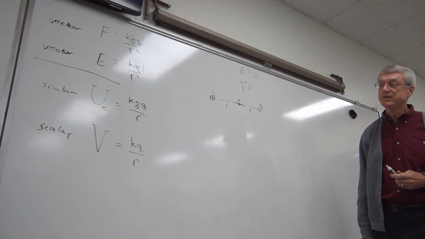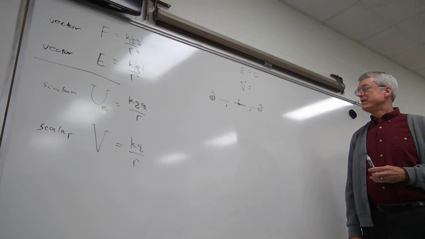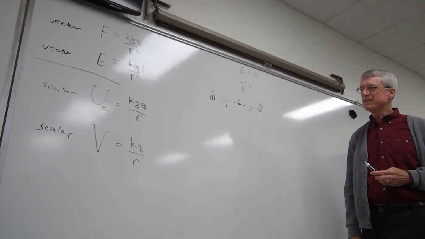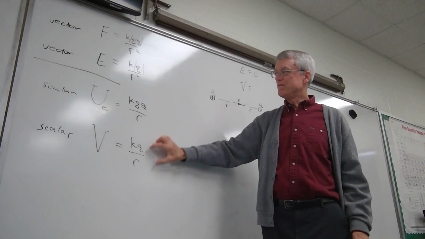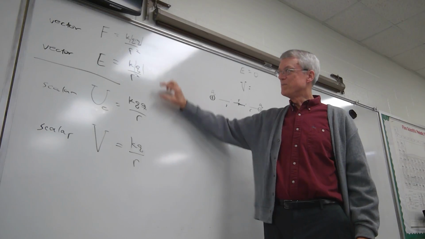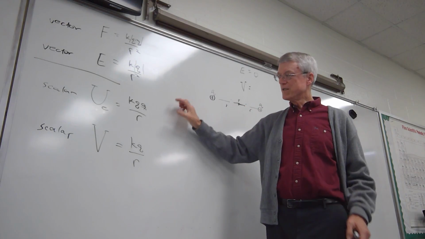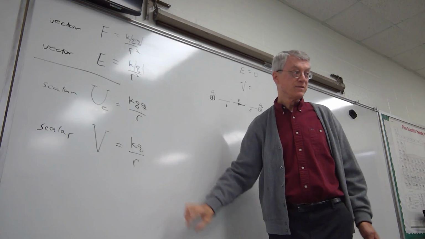They're both positive because the Q's are positive. Okay, you get the idea of the difference between E and V? You think totally differently about a vector quantity that they have a direction, and a scalar quantity they don't have a direction.